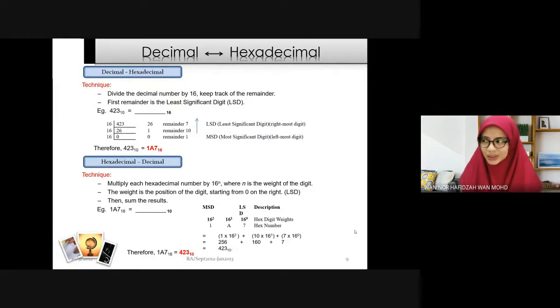Why does madam call the calculator an accessory? Because it just helps you. Without a calculator you can do it manually, but it takes time.